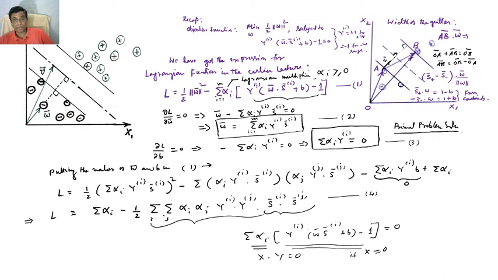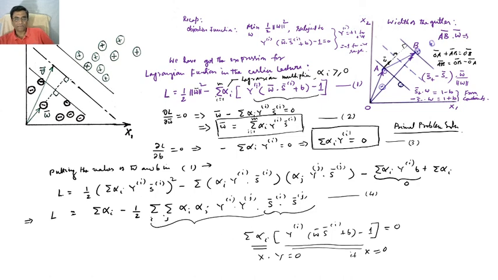And this will give you an important observation for the samples which are on the boundary, because this is a constant for the samples who are on the boundary of the gutter.